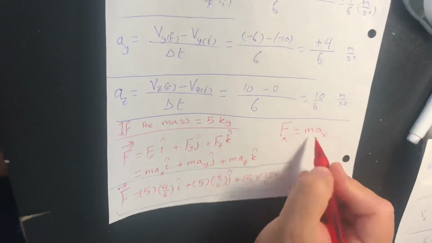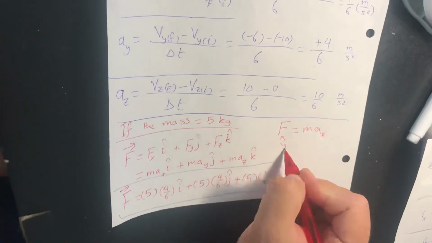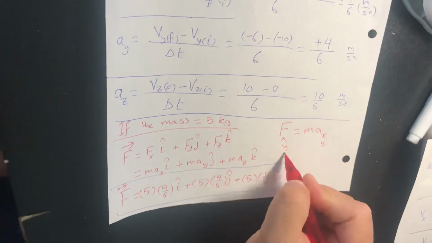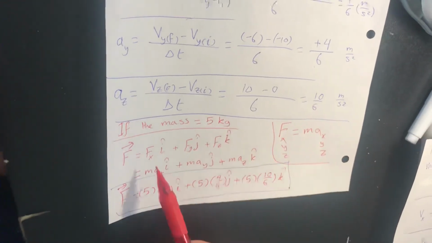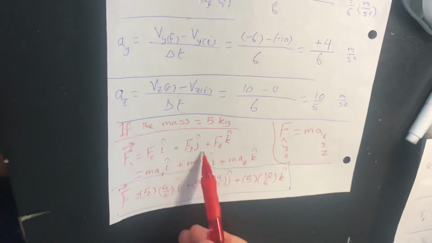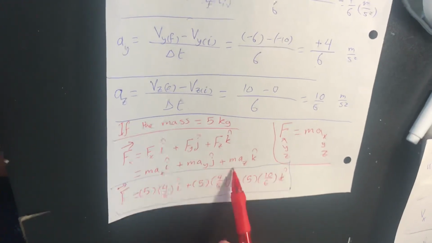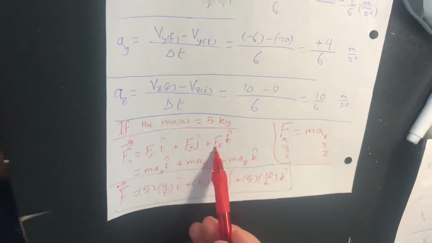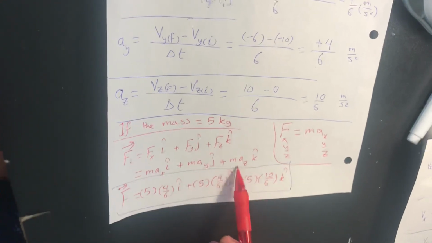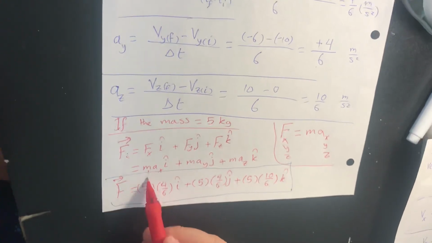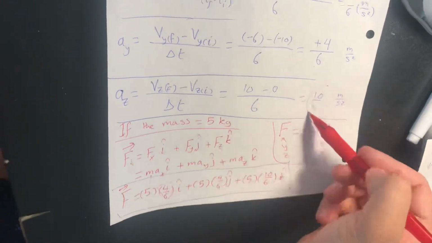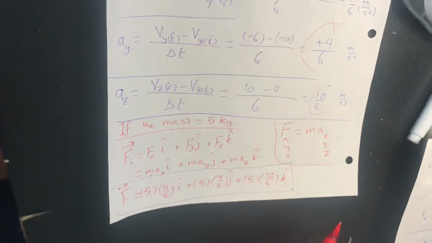Fx is equal to max, Fy is may, Fz is maz. So we can compute the force vector as we see from here, Fx, Fy, Fz, which is max, may, maz in each direction. And we just need to multiply m by the computed acceleration each time.